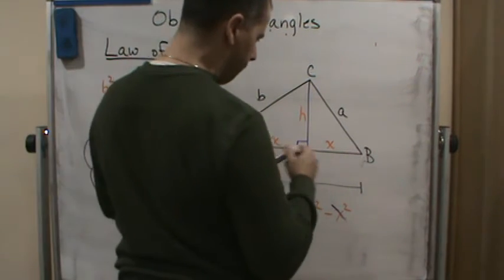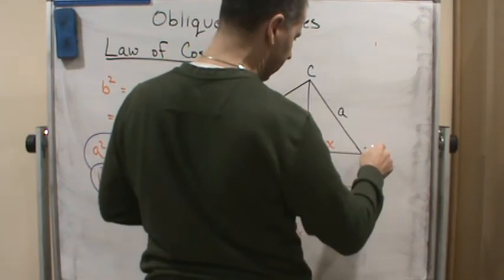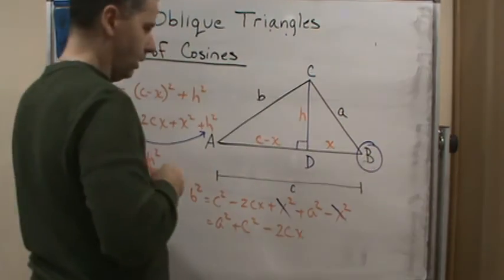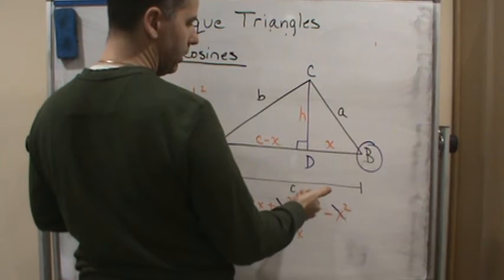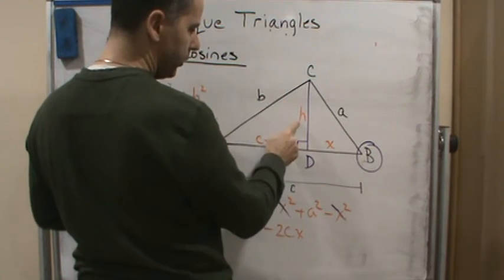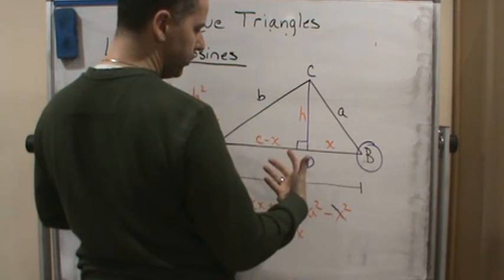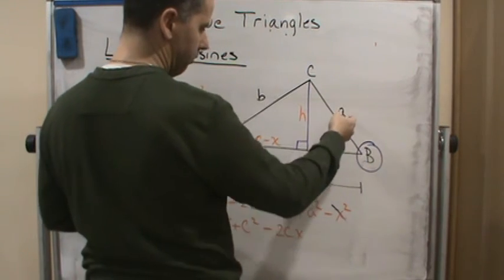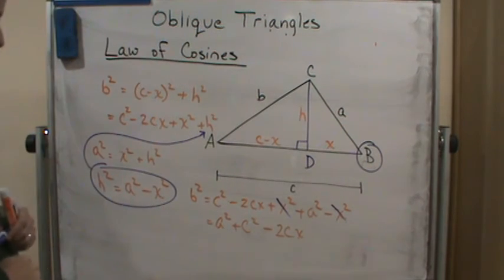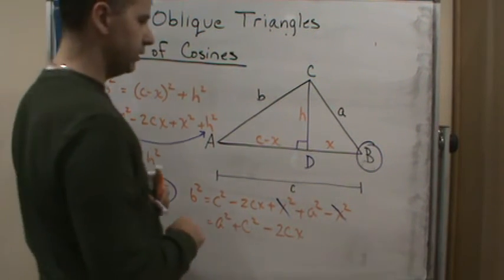If we look at angle b, we don't want to use h, but how can we use x in relationship to b and a? Okay, and this is where cosine comes in.